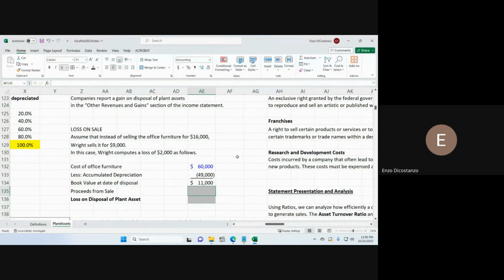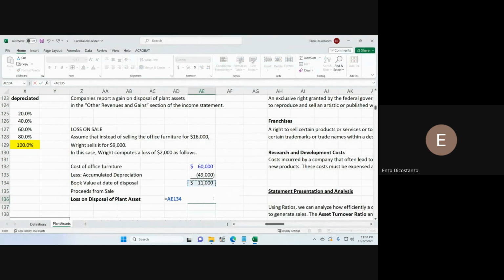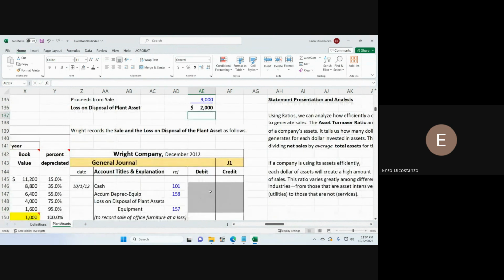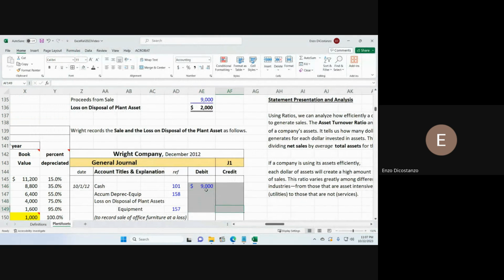The proceeds from the sale are 9,000 this time. And this is going to be equal to, you're bringing in 9, but it's on an 11,000 book value asset. So that's why it's a 2,000 loss. You could do it like that, or you could just do it like this. It's a loss. So the cash on this is 9,000. And the equipment is 60.